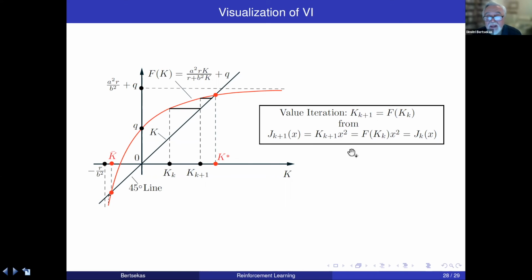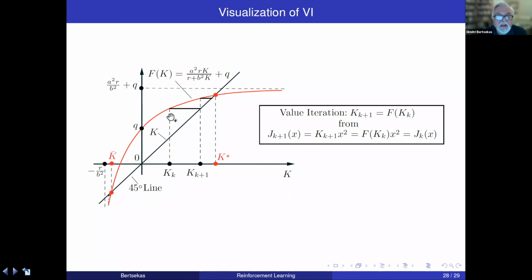So if you write the form of value iteration, it involves this Riccati operator, and it has this form. And if you cancel out this x squared, you obtain value iteration in the space of quadratic functions. Starting from a quadratic function, you get a new quadratic function with quadratic cost coefficient K_k, K_{k+1}, and so on. So that's value iteration in the space of quadratic functions.